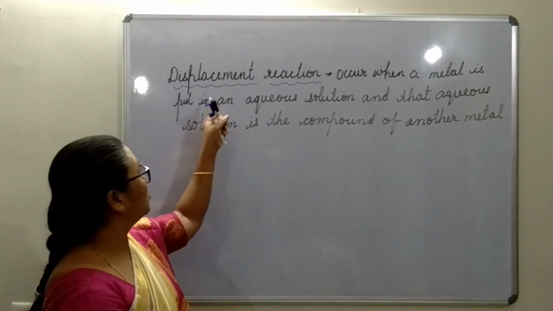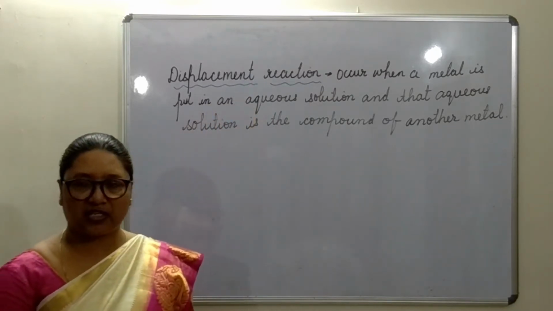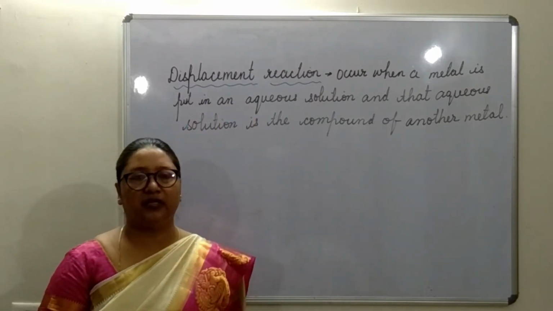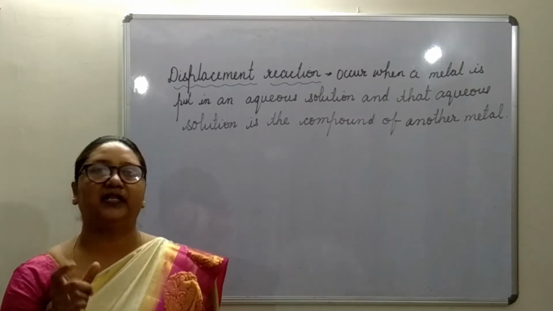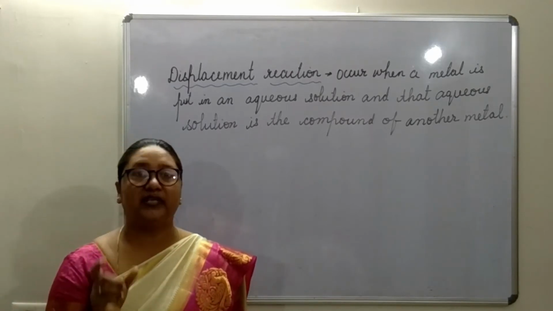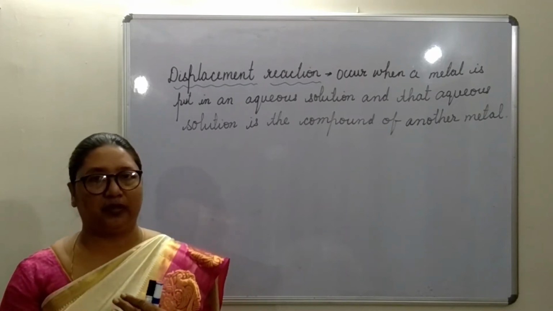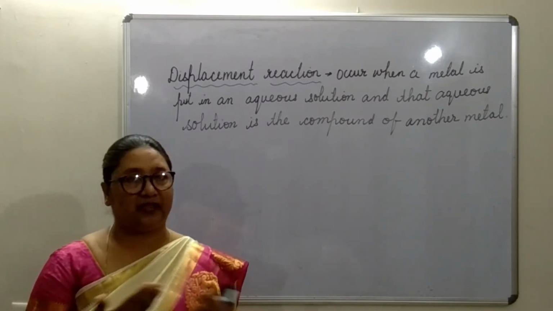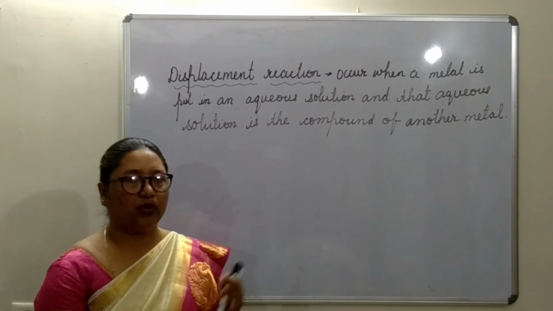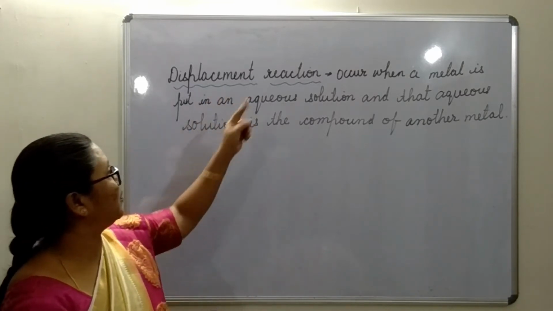Today we are going to discuss displacement reaction, and this reaction is going to give us a better evidence and a better idea to decide which metal is more reactive than the other metal. So what is this displacement reaction?